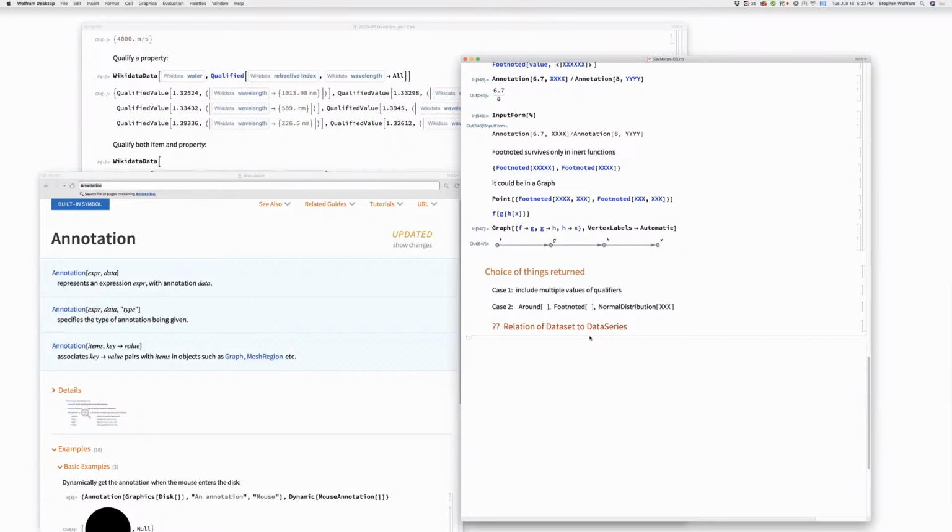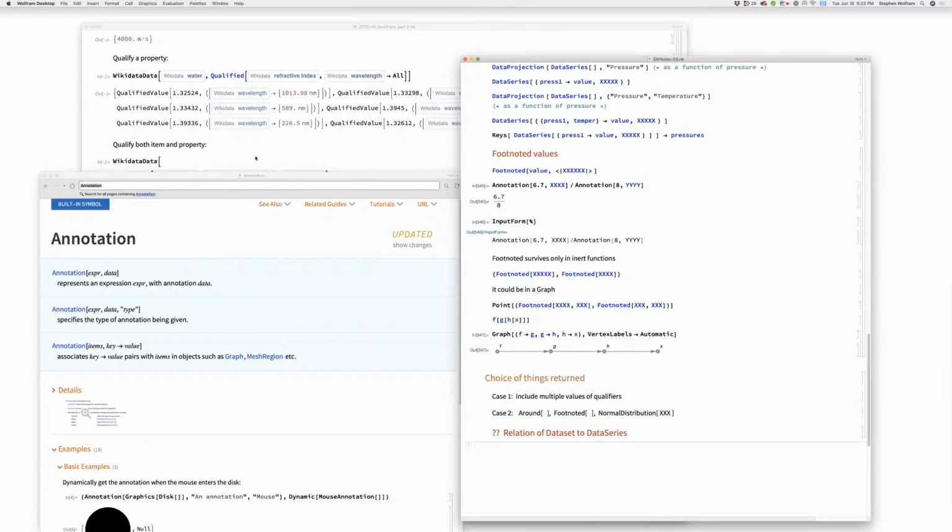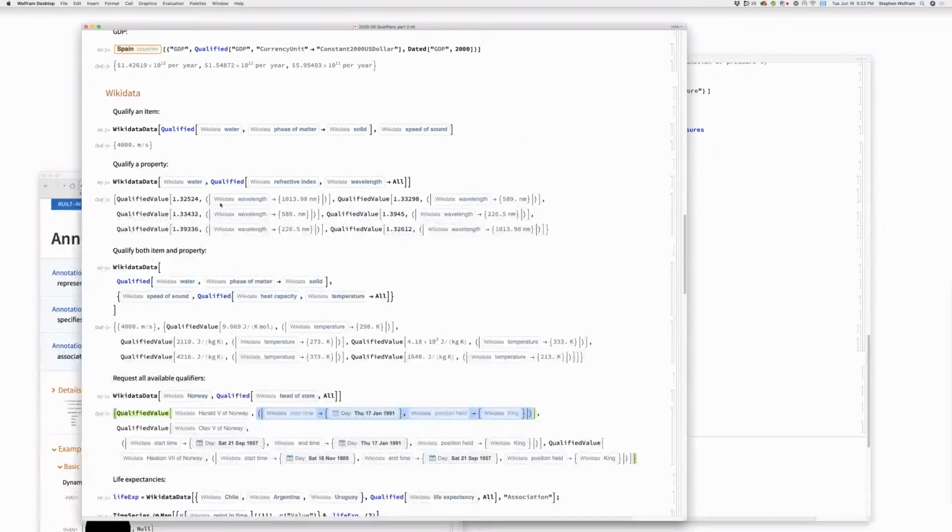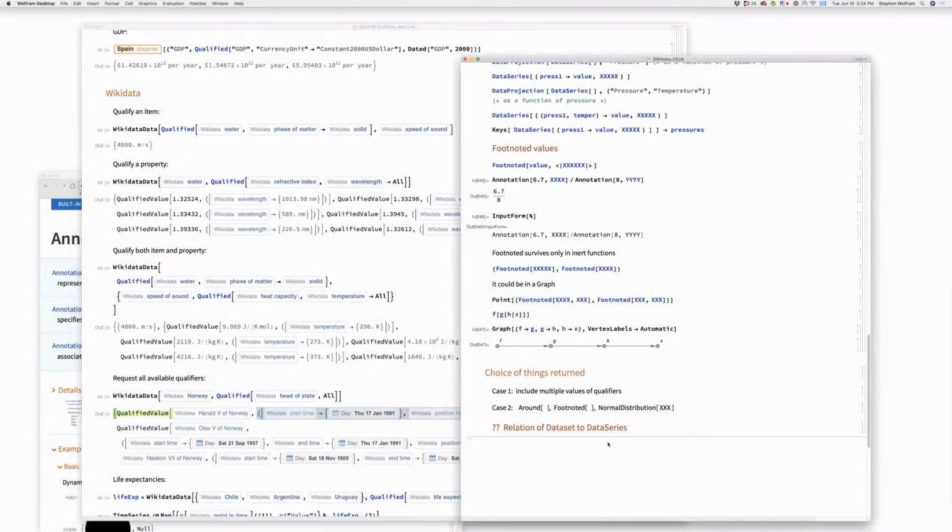If you go back to the Wikidata water example, what would be the left-hand side? What would be the key for the 1.3? Some generic key.